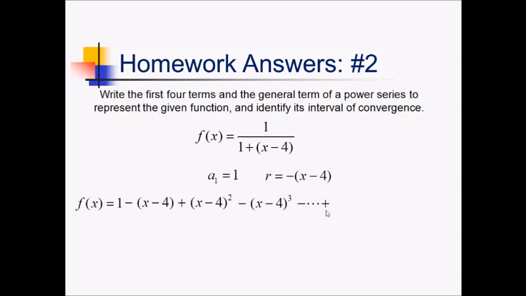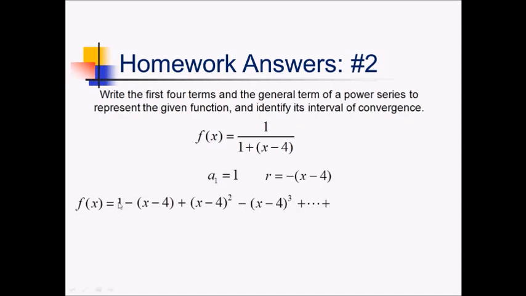Now we have to do our general term. And I'm actually going to make this a plus, because plus would have been the next sign in the series here. So for my general term, since I am alternating back and forth between negative and positive, I have to have a -1 to some power to represent that.